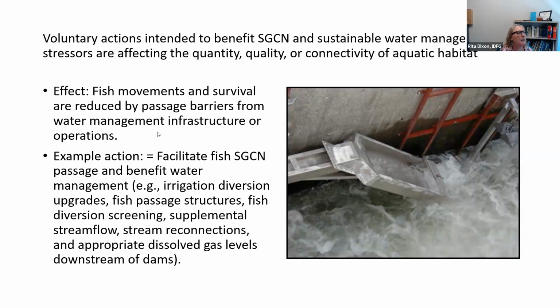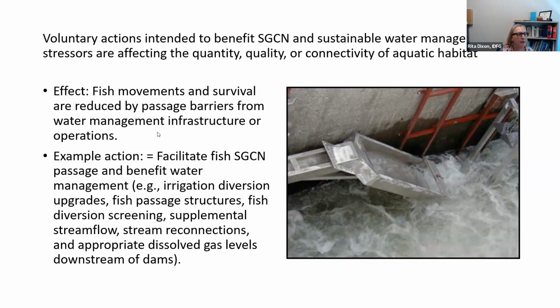An example of the effect is fish movements and survival are reduced by passage barriers from water management infrastructure or operations. And I know that Zach pointed out the natural systems modification in his presentation. An example action is to facilitate fish species of greatest conservation need passage and benefit water management. For example, irrigation diversion upgrades, fish passage structures, fish diversion screening, supplemental stream flow, and others.